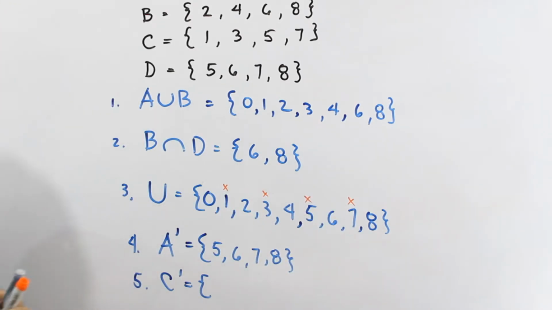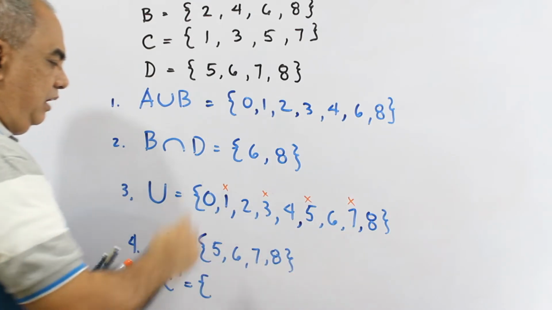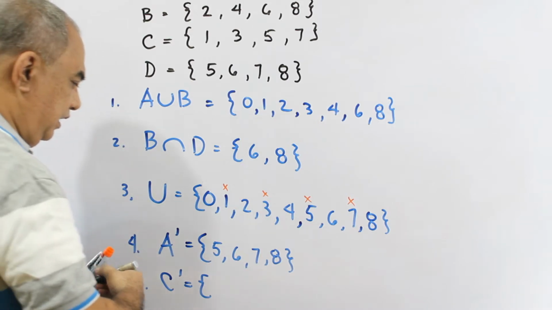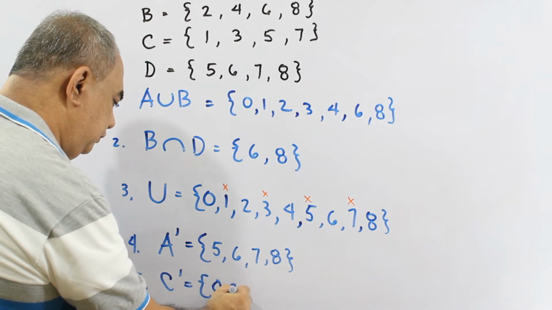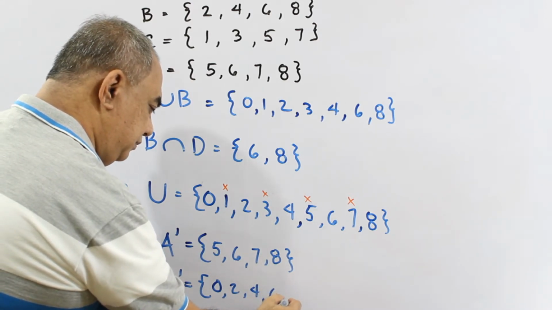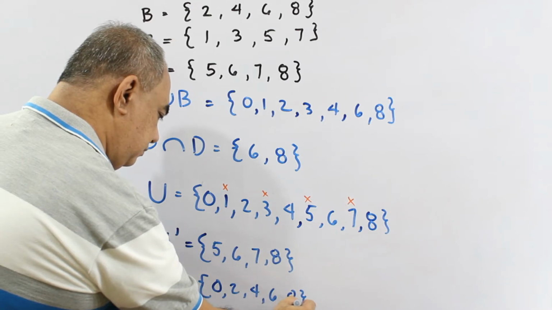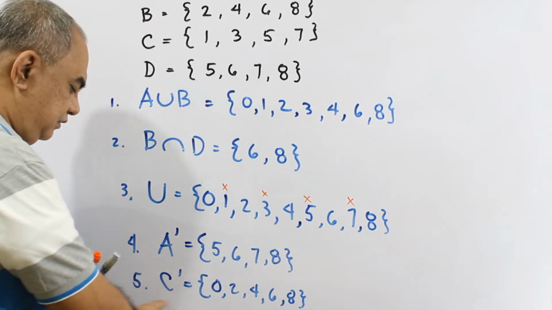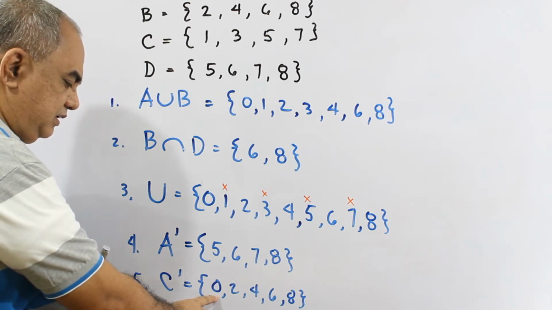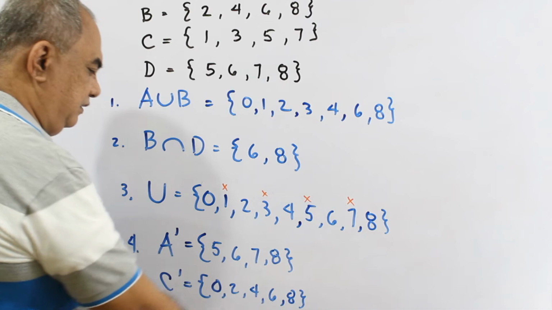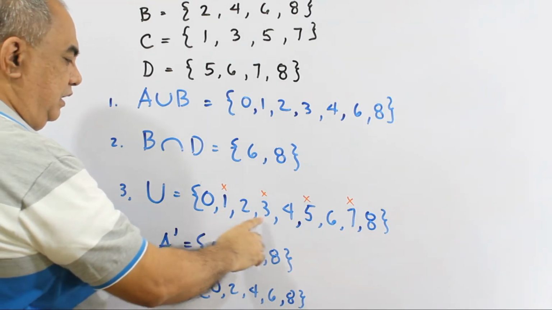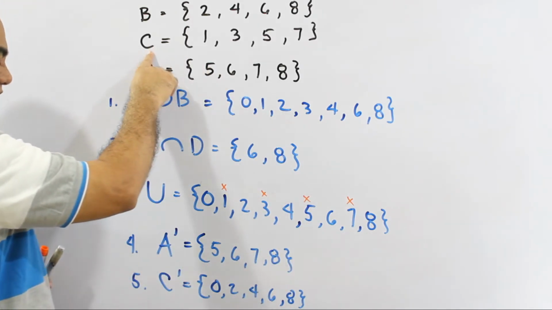Those elements that do not have an X mark above will be our answer for the complement of C. And those are 0, 2, 4, 6, and I believe it's 8. So this is our answer for number 5. The complement of set C would be elements like 0, 2, 4, 6, 8. These are the elements from the universal set after we disregard all the elements from set C.